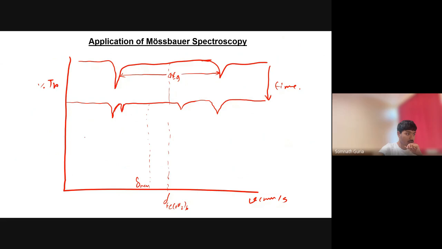The first line increases with the time, and the initial iron line is actually decreasing.